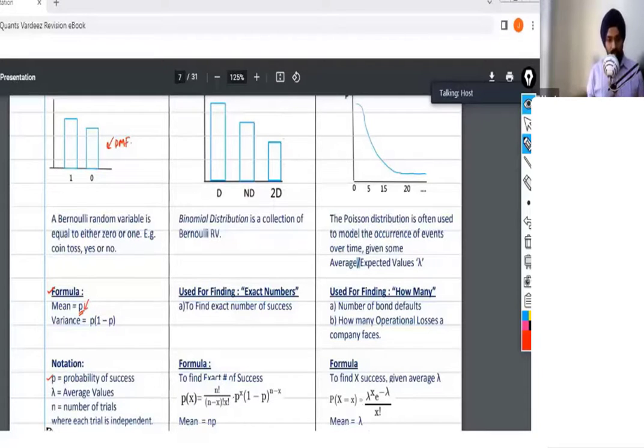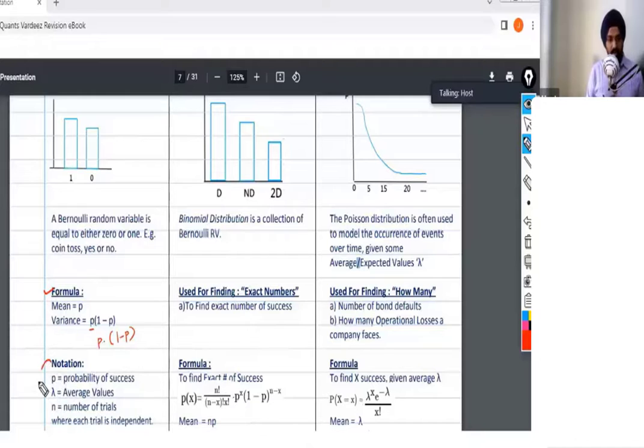So if for a corporate bond the probability of default is, let's say, 0.7, then that is going to be the mean or the average, which is the probability of success, which is P. Okay, so whatever the P is, that is going to be the mean. What about the variance? Variance is P, the probability of success, multiplied by 1 minus P. 1 minus P is the probability of failure, because we just have two outcomes. If success is 60%, failure has to be 40%, right? So that's what we have in the Bernoulli.